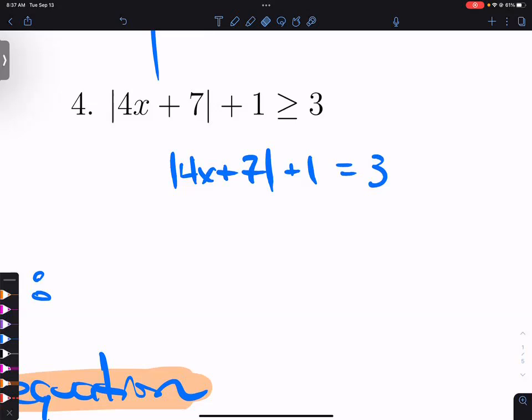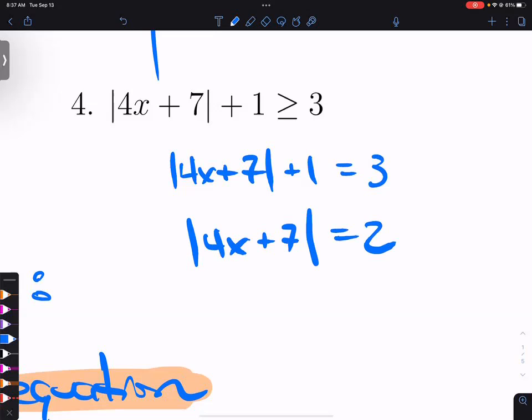So what I would do immediately after that is move that 1 over to get the absolute value all by itself. Once it's all by itself, and we'll see this in a lot of places all semester long, now I can really think about what that tells me, what that means, and go from there. And we should be in pretty good shape after that.